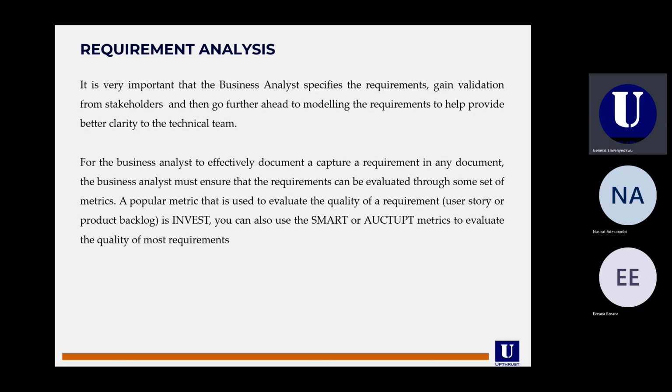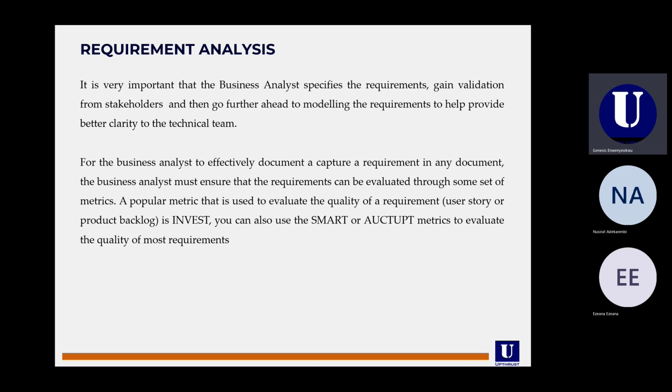Things like SMART mean that the requirement should be simple, measurable, accurate or accountable, reliable, and time bound, right? Or even things like OCTOPT, which we are going to look at much more later in the course of today's training.